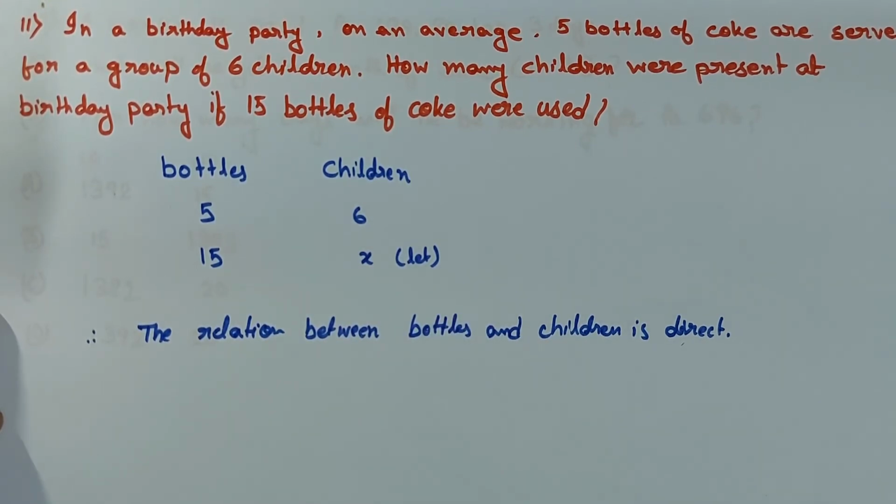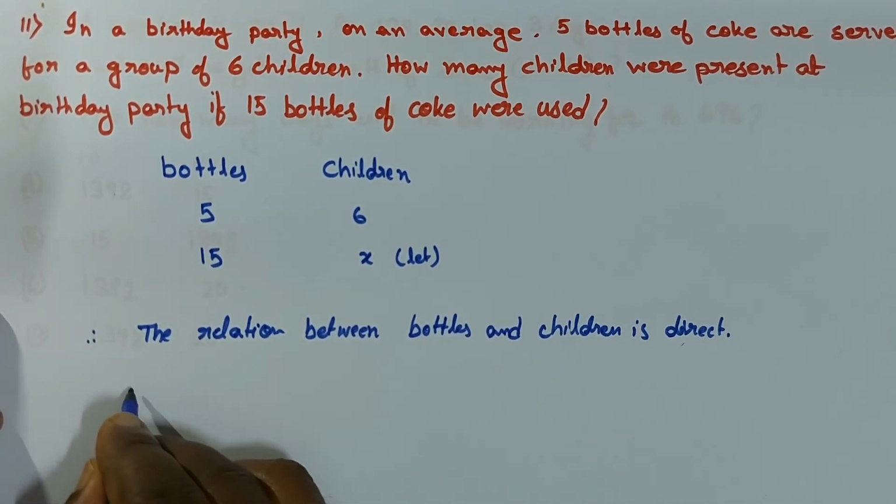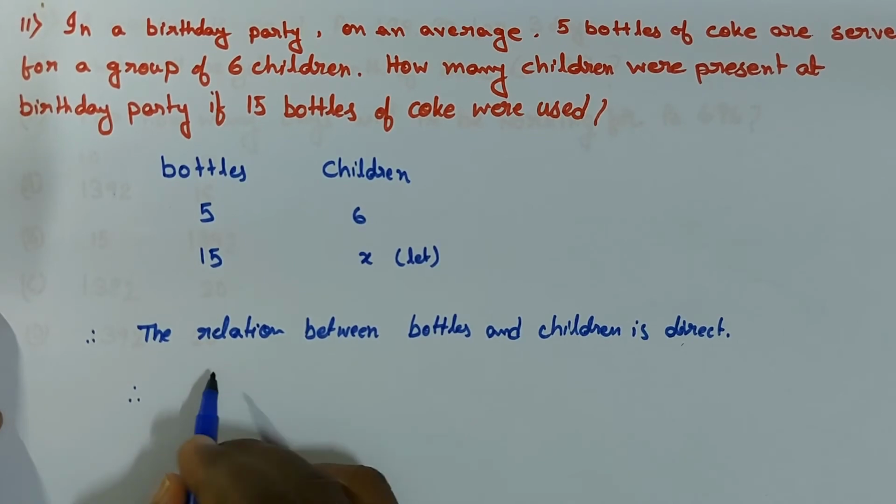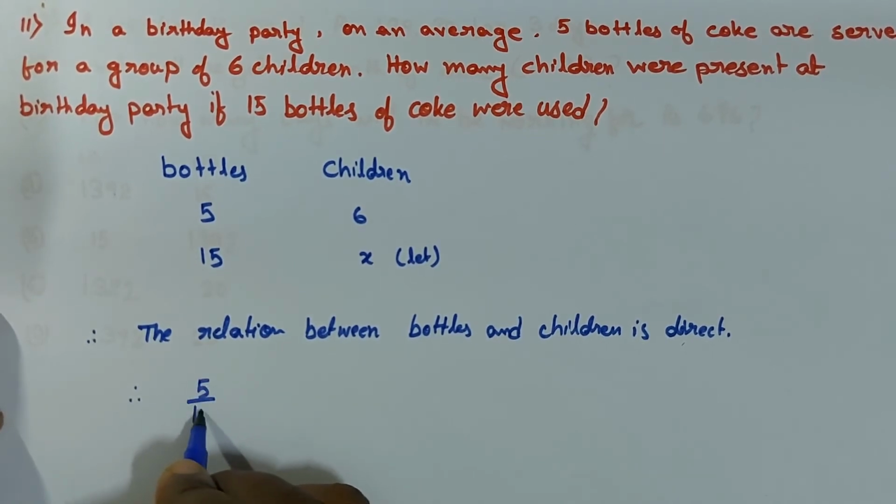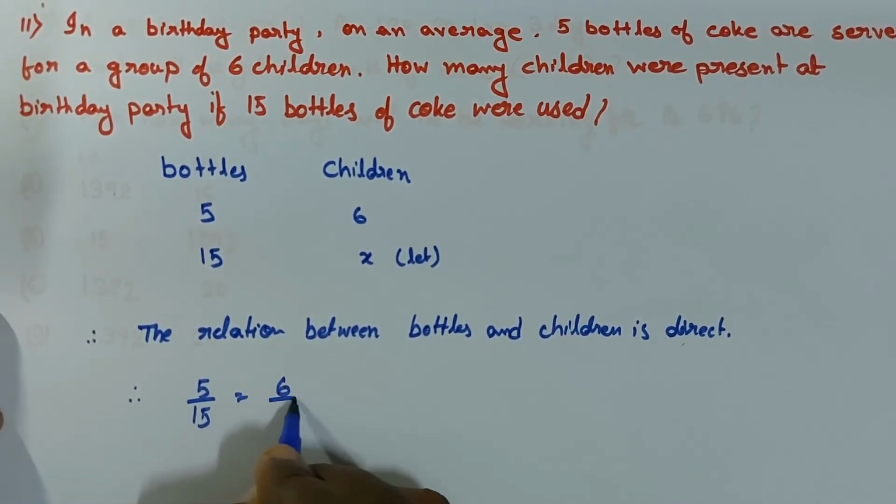We can also write that bottles and children are directly proportional. So 5 by 15 is equal to 6 by x.